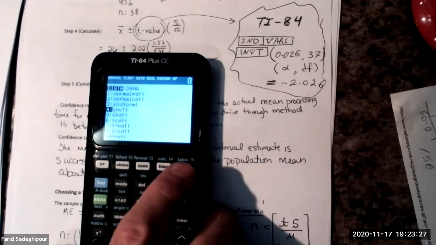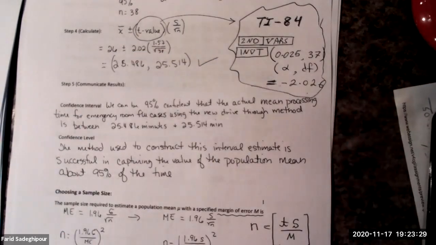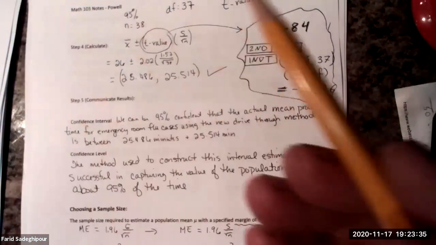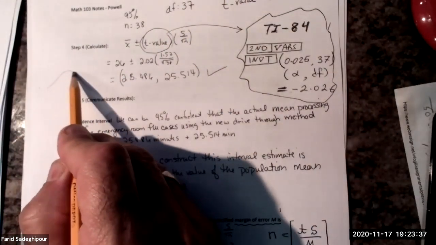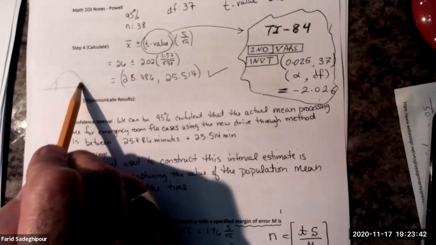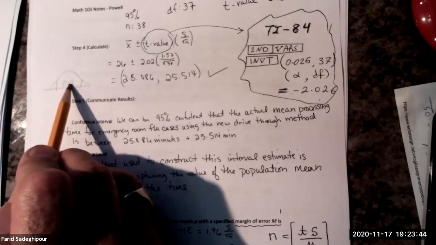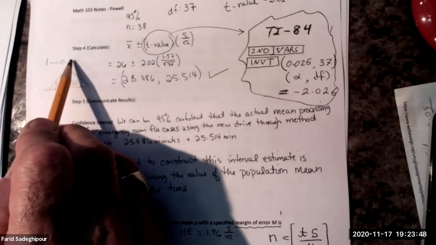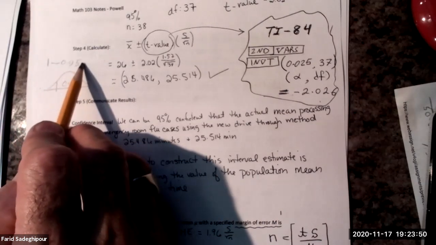What you have here, in these problems, is 95%. That means the area of both tails is 0.05.